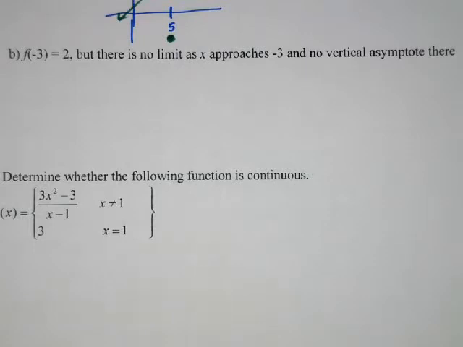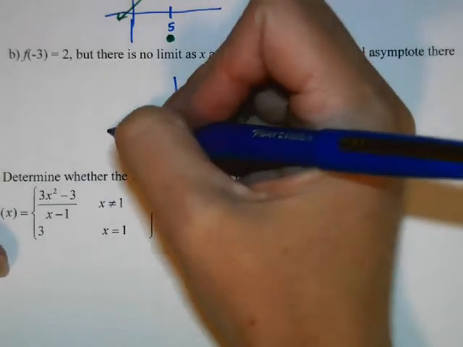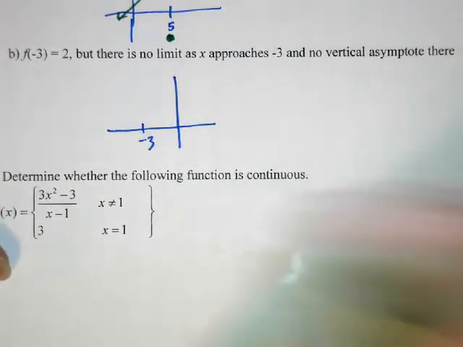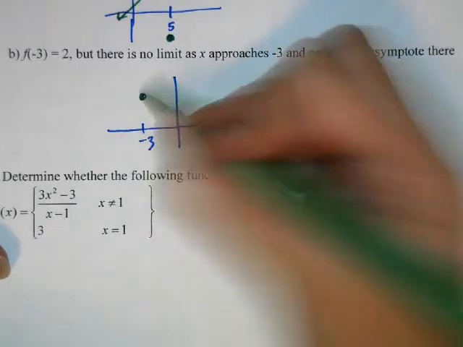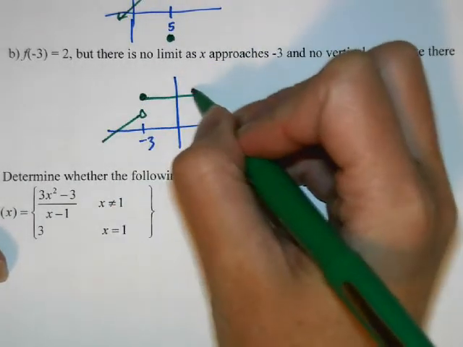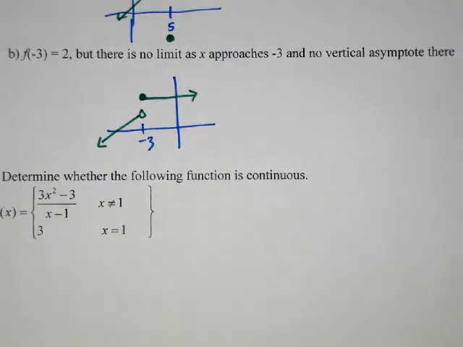Second one, f of negative 3 is 2, but there is no limit as x approaches negative 3, and there's no vertical asymptote there. So f of negative 3 is 2, but there's no limit. So I'm just going to do something like that. There's no limit, but there is a function value.